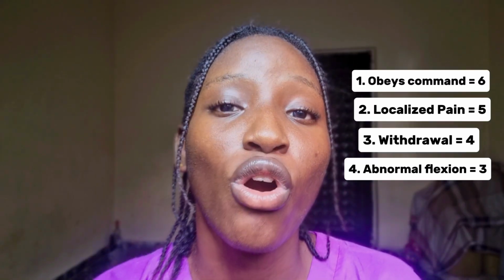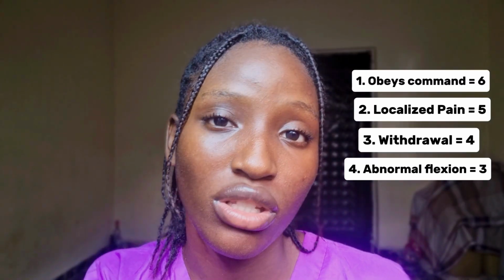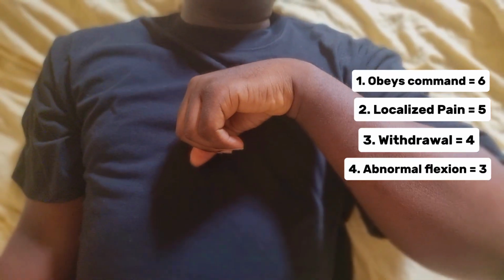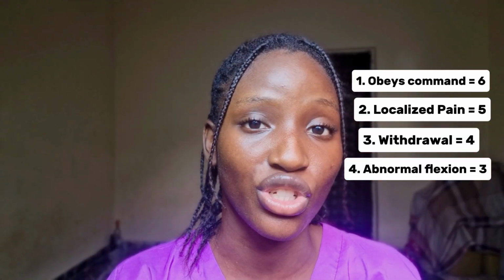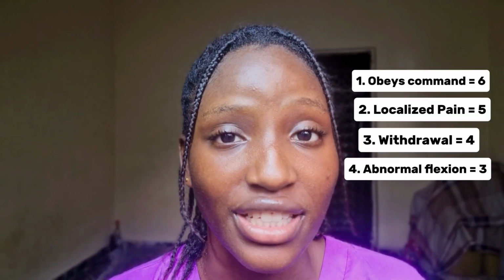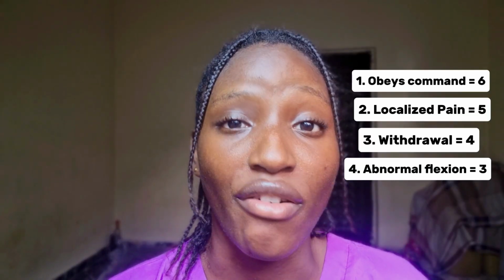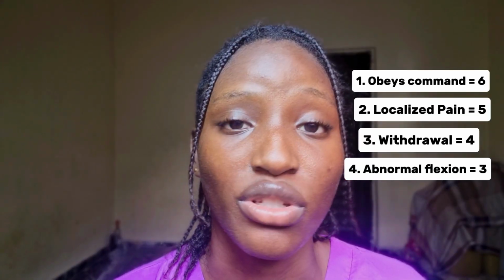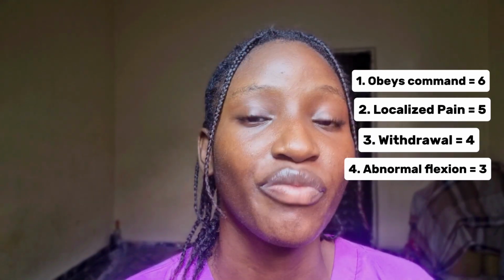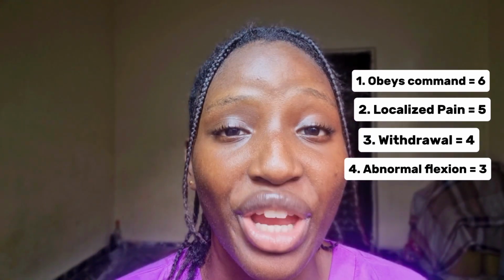Your patient is going to curl their arm inwards towards the midline of their body. Abnormal flexion simply shows that a part of the brain has been affected and it's causing abnormal response, because that's not a normal response to a pain stimulus. So that is abnormal flexion. So for abnormal flexion, you give your patient a score of 3.